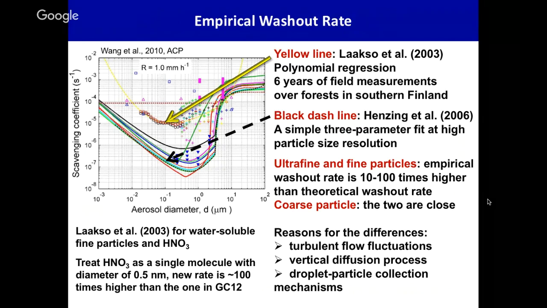A general idea is that the theoretically calculated values are often much lower than the empirical values. So with this idea, we use the empirical values, and we calculate that the washout rate for nitric acid is about 10 times higher than the one in GEOS-Chem 12.